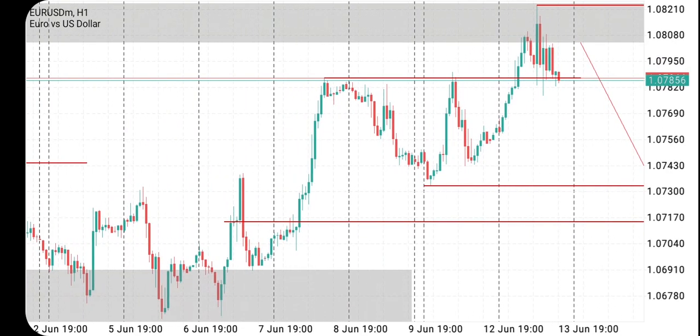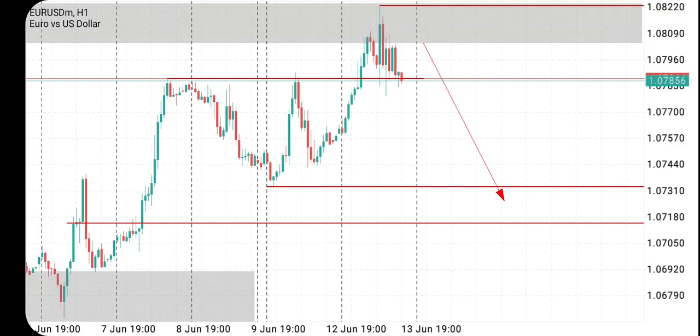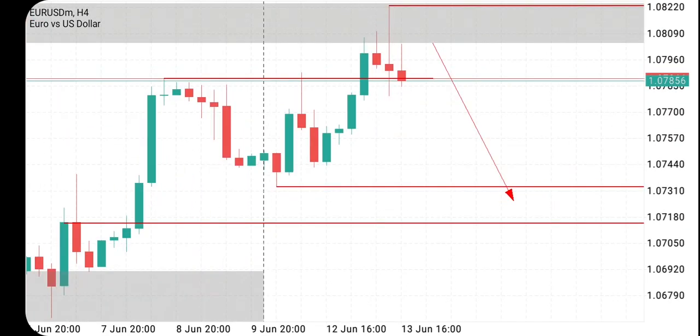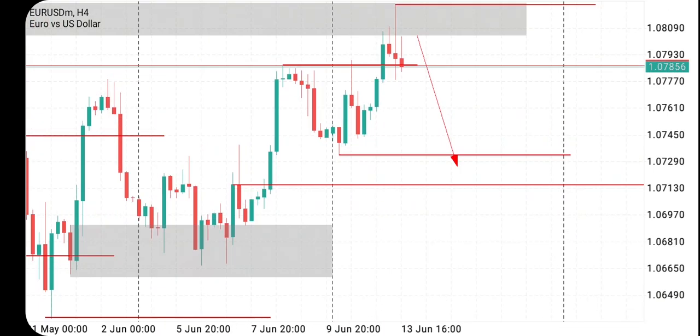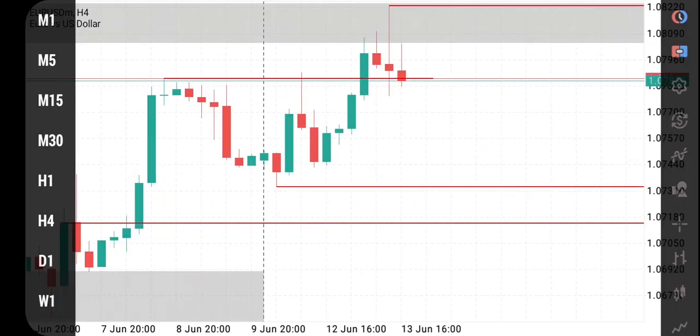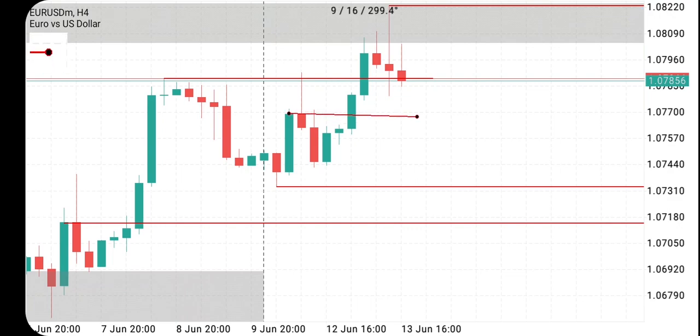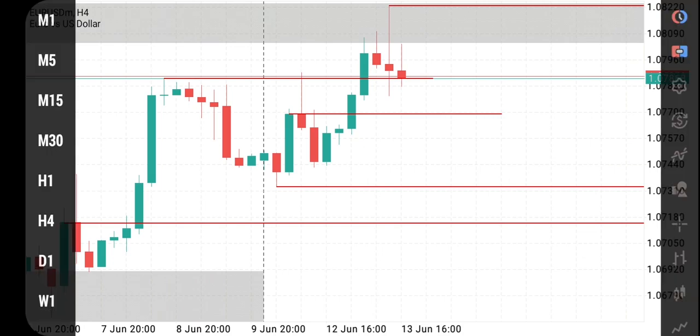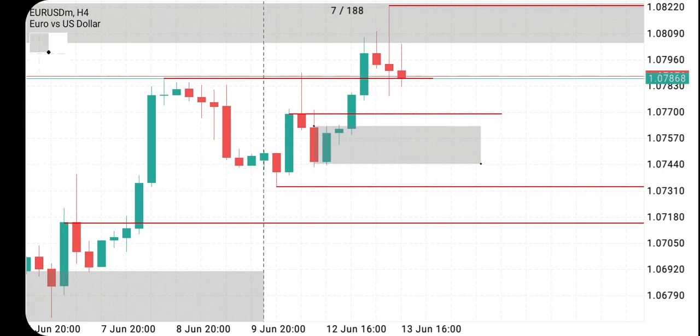So this is a big indication that it's now going to shoot down, reaching for the sell side liquidity down there. So the only interest point that can hinder it from shooting down is the 4-hour mitigation block and the 4-hour order block that are in line.